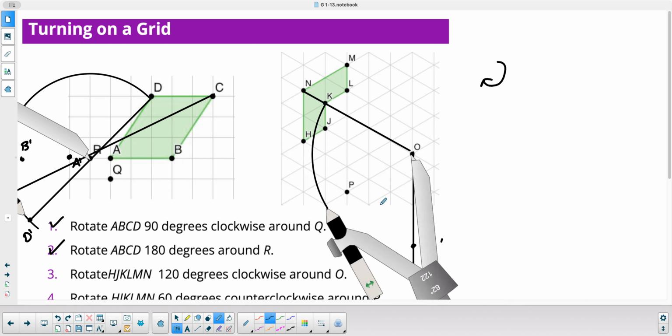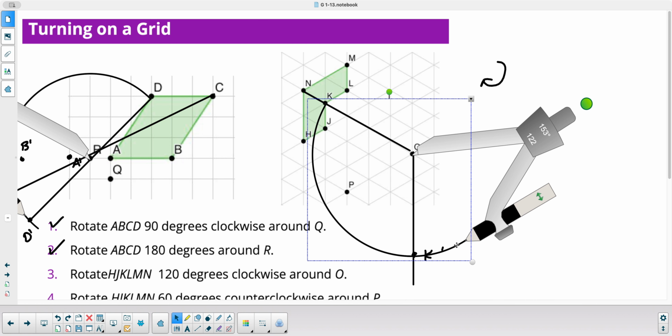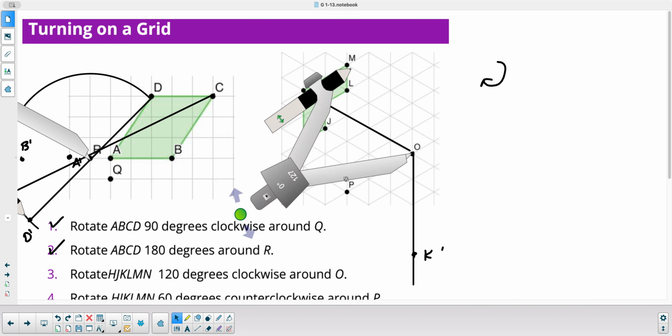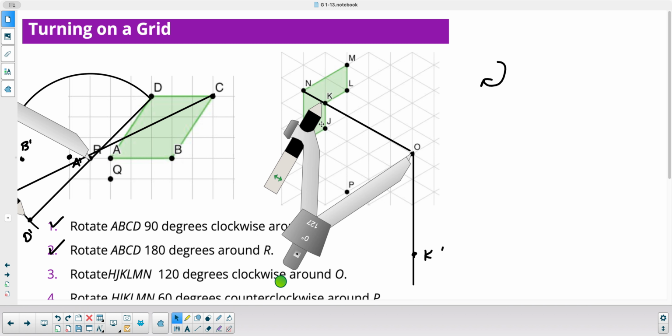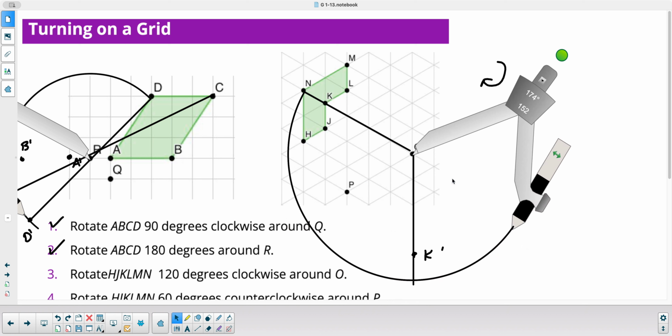So there's my K, swing it over. And I was a little off because, again, I didn't have graph paper there, but there it is. Let's do the same thing here with my N. Swing that by.